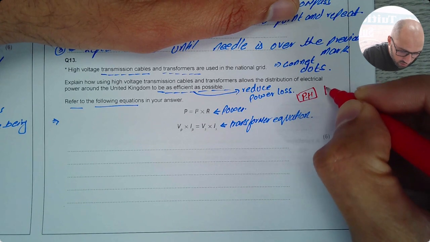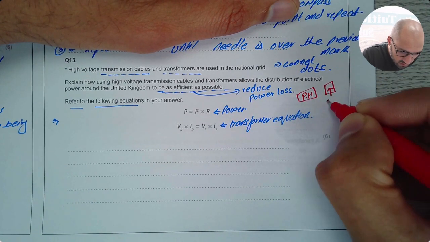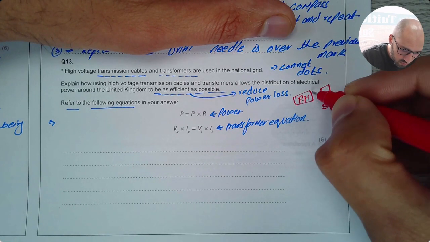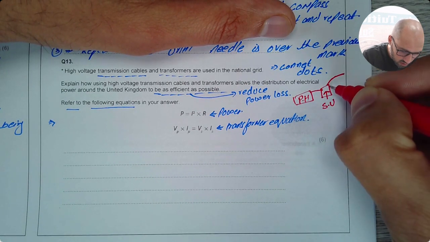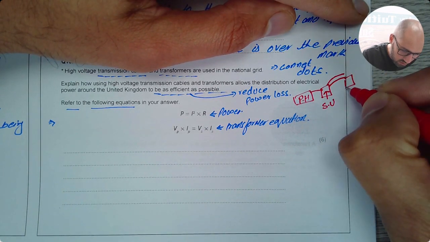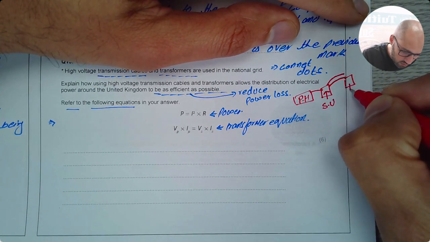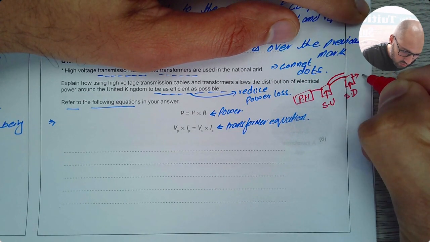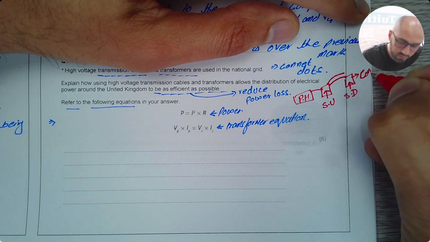Next to the powerhouse, we have a step up transformer. Then from the step up transformer, we've got cables, which are high voltage transmission cables. Here I have got another transformer, which is my step down transformer, and then it goes to consumers.